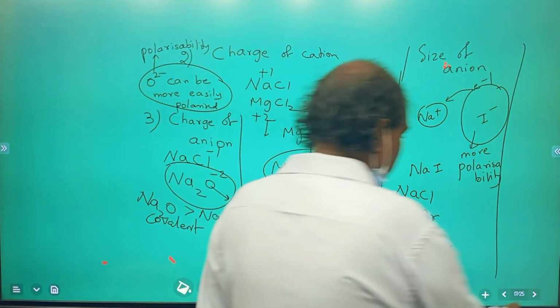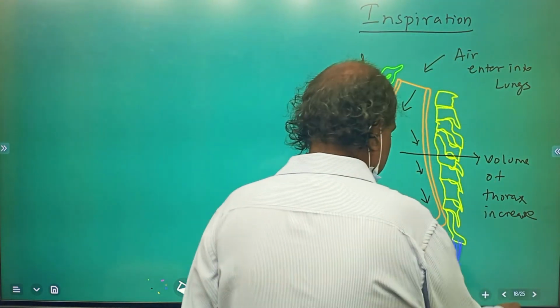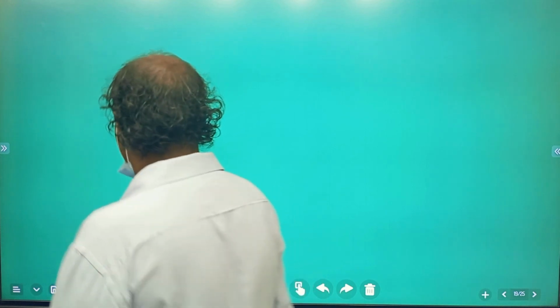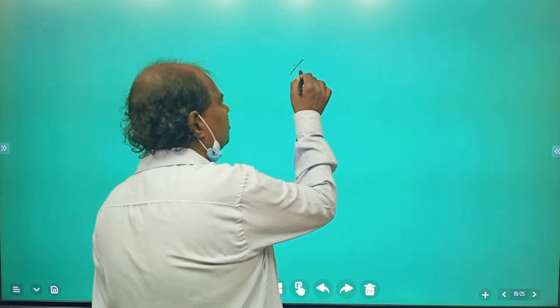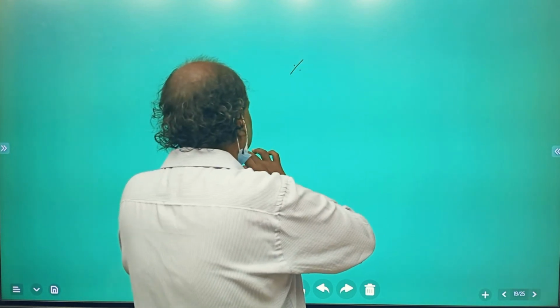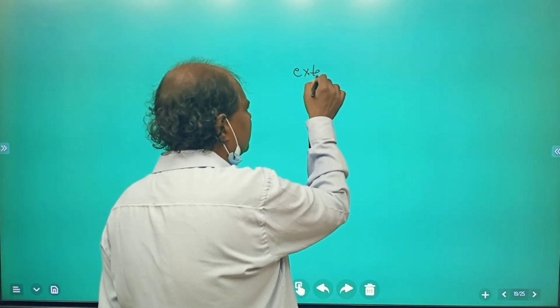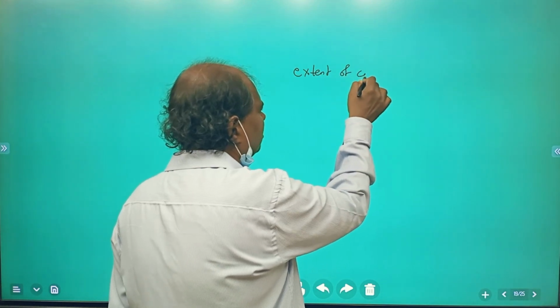Okay, so let me summarize the whole thing now. Let's summarize the whole Fajan's rule. What does Fajan's rule tell you? The extent of covalent behavior in an ionic bond.